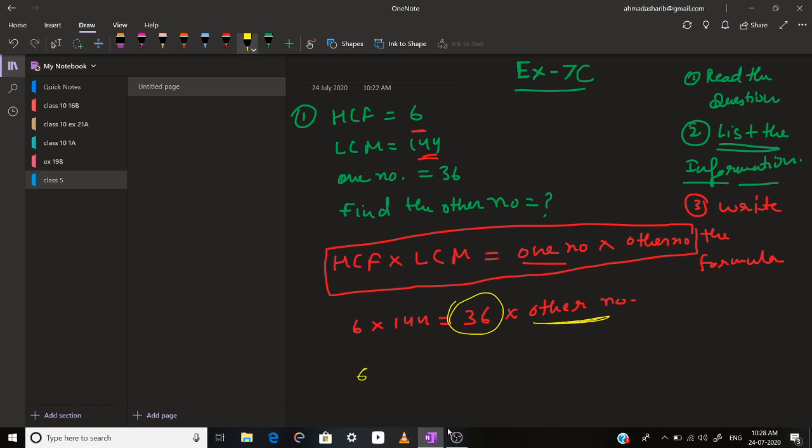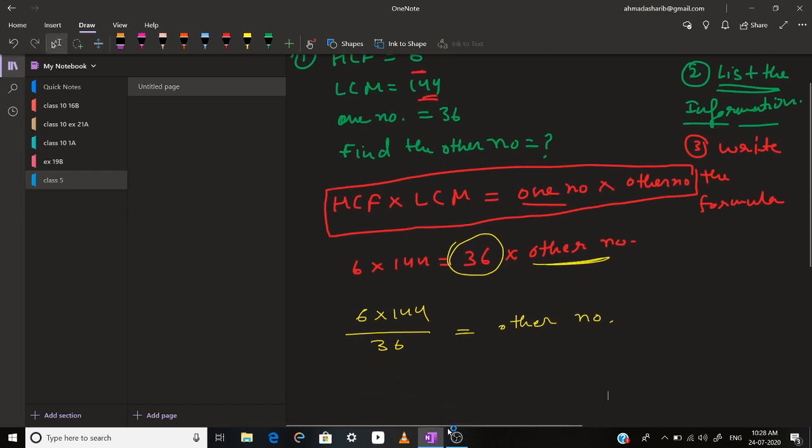So you will write 6 into 144 divided by 36 is equal to other number. What I mean to say is that this 36 you will shift in the division of 6 into 144. Okay, now solve this and find the answer.